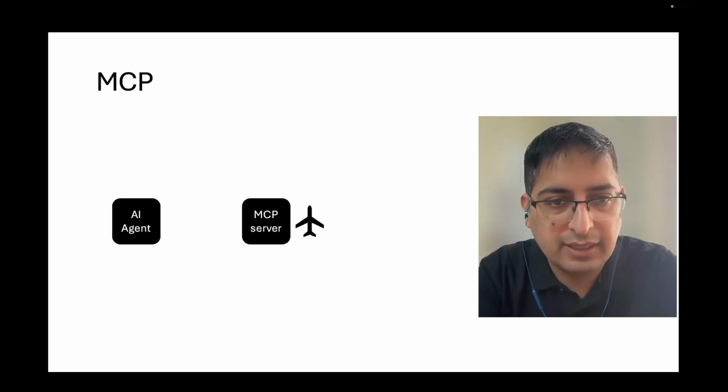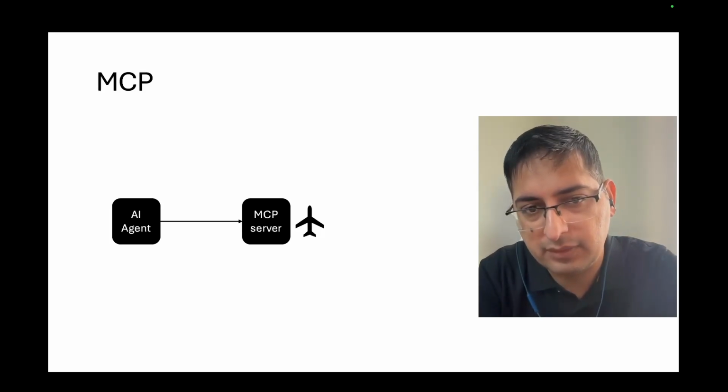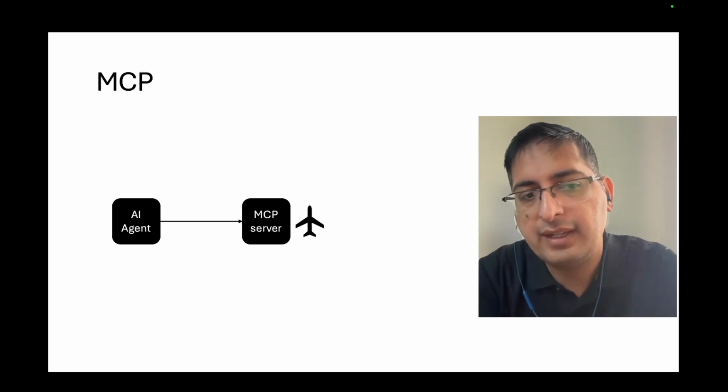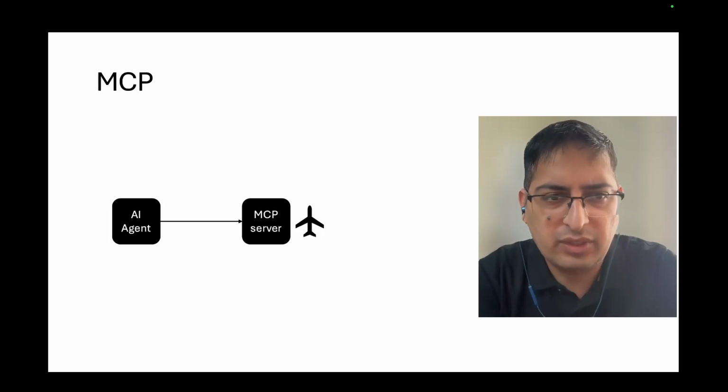So in simple words, if the airline exposes its data with the help of an MCP server, your agent can talk to that MCP server and ask it how it can access the data. The MCP server will tell it, I can provide you these kinds of data, and this is how you can request the data.